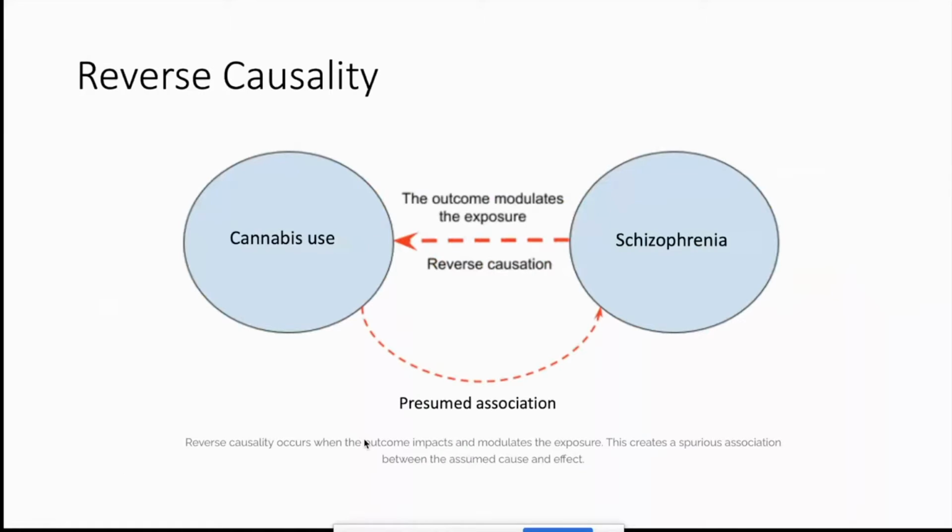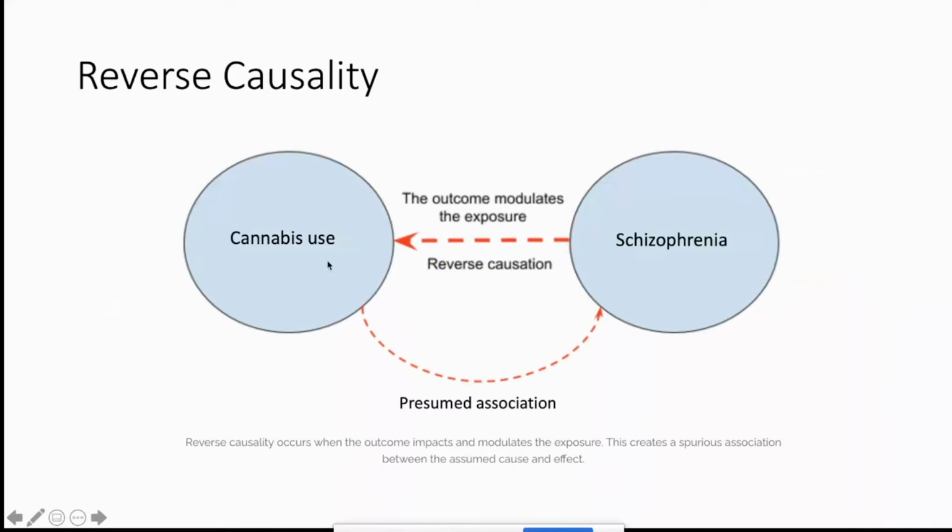So, as I said, reverse causality is when the presumed association in reality is happening in reverse. For example, if I was doing a study looking at the relationship between cannabis use and schizophrenia, one might think that the presumed association would be that cannabis use causes schizophrenia. However, this could also be happening in reverse.